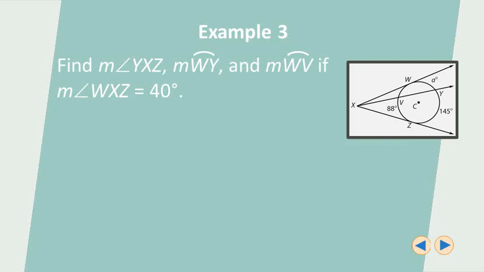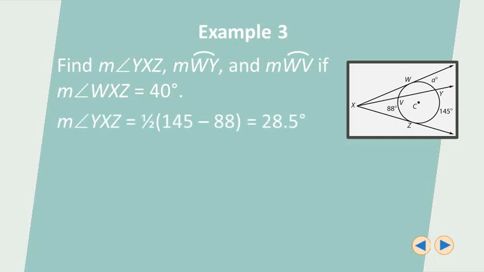Find the measure of arc WV if the measure of WXZ is 40 degrees. Okay, so if this angle is 40 degrees and you know the value of arc VZ and the value of arc YZ, how are you going to find the measure of arc WY and arc WV?